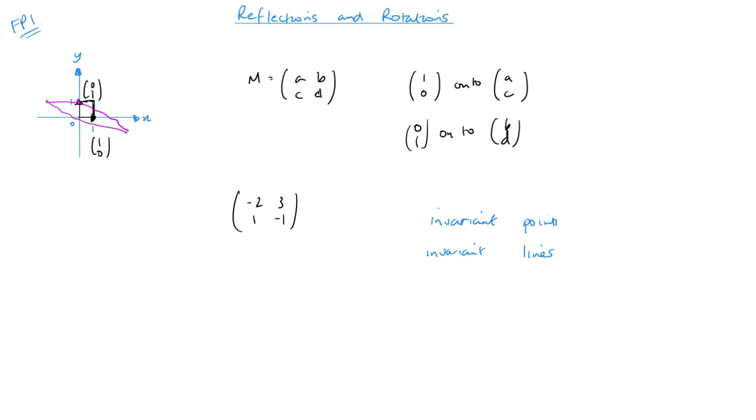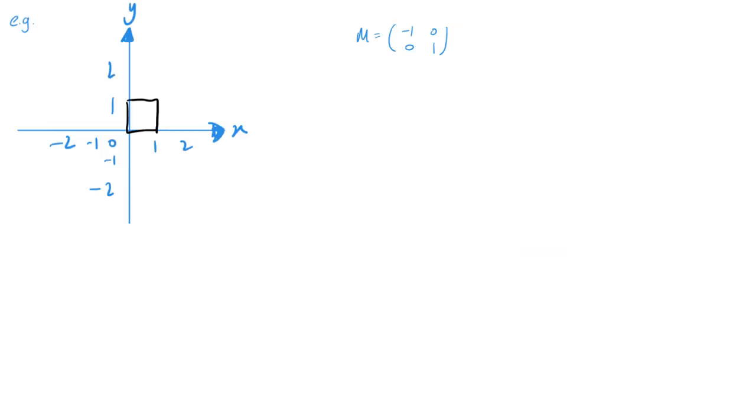And speaking of examples, let's look at the first one. In this example, we're going to look at what effect this matrix (-1, 0; 0, 1) is going to have on our unit square, which is here.